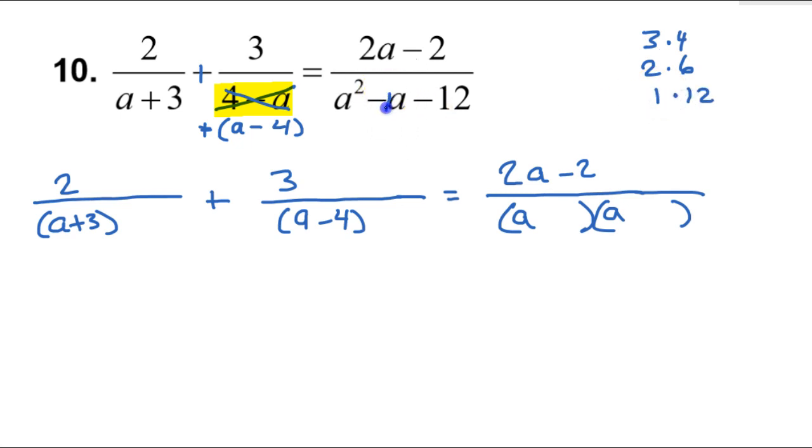Considering that the middle term is 1a, I'm betting 3 times 4 is going to be the best choice. So I will factor the 12 as 3 times 4.